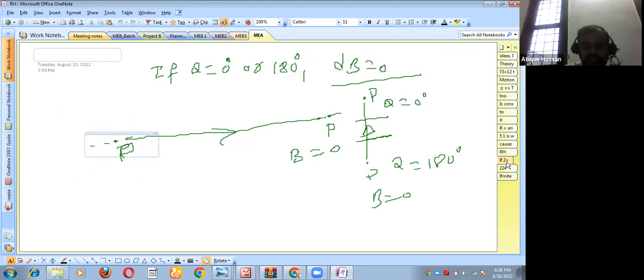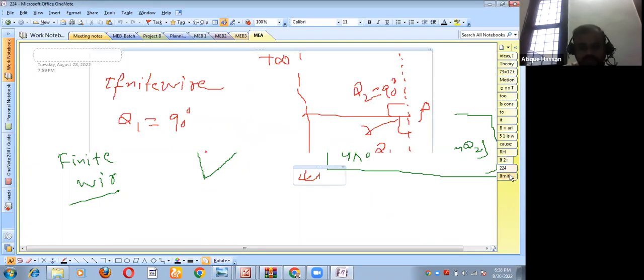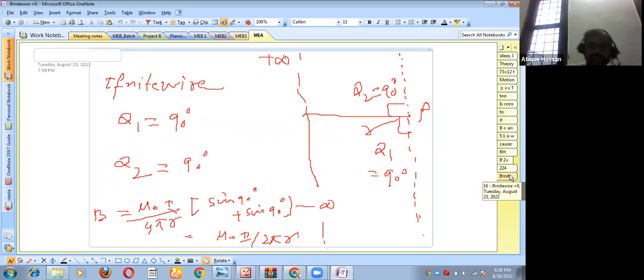This was the general formula for magnetic field at point P due to finite wire having angle theta 1 and theta 2: mu naught I by 4 pi r into sin theta 1 plus sin theta 2. So we generalized for infinite wire. Theta 1 will be 90, theta 2 will be 90, and magnetic field will be mu naught I by 2 pi r.